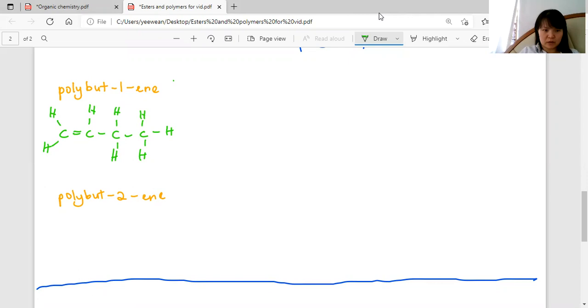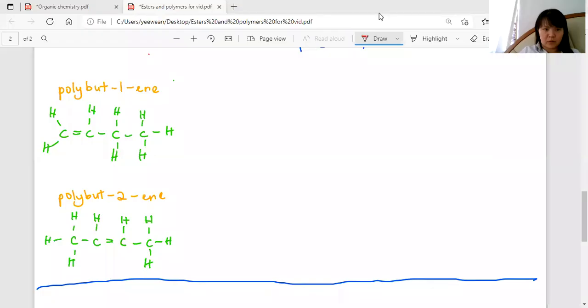And polybut-2-ene. I'm going to draw the monomer first. 1, 2, 3, 4. And the double bond is on the second carbon here. I'm just going to complete that. Remember, I told you to focus on the carbons that are double bonded. So these 2 carbons and these 2 carbons are our main focus.